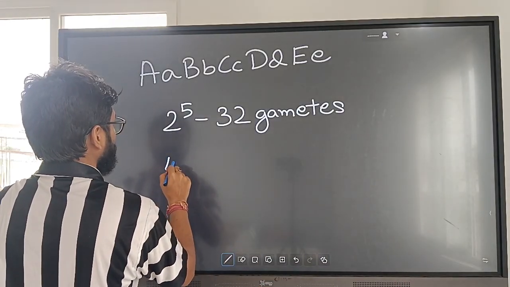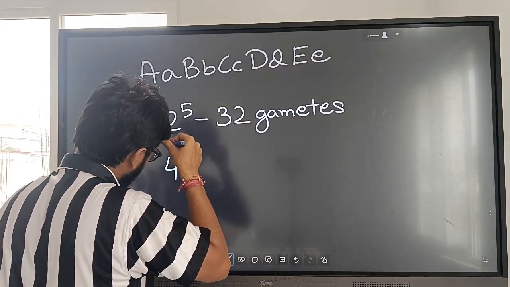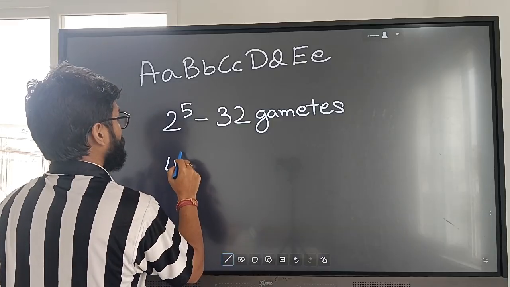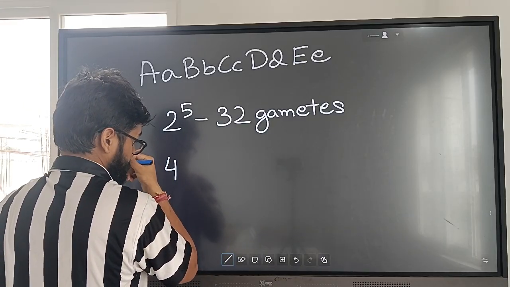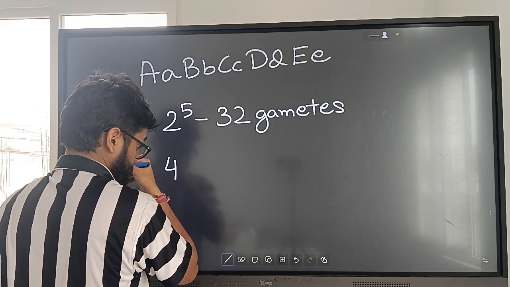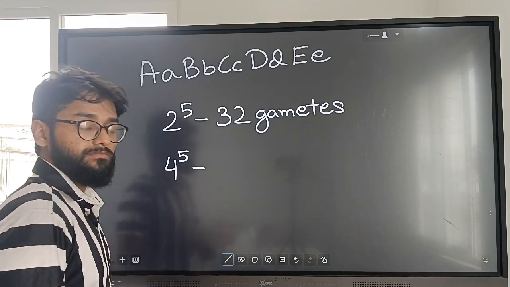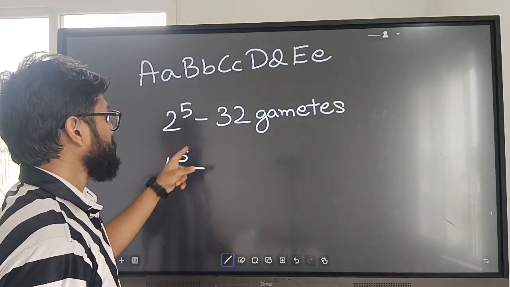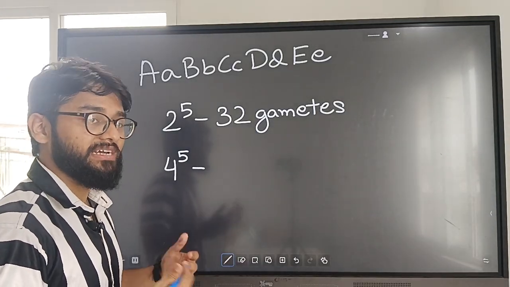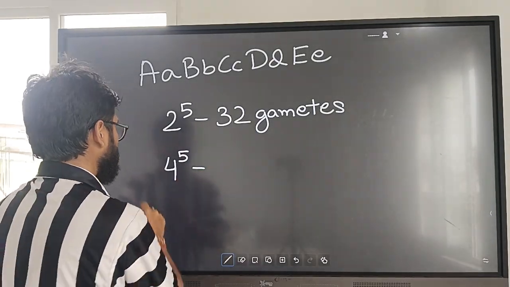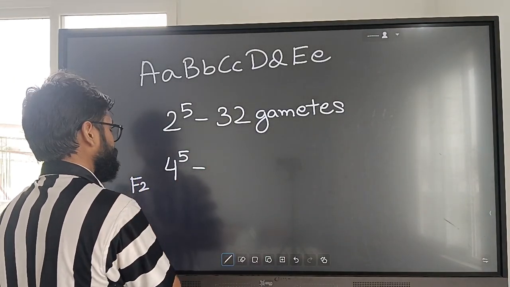It will simply be 4 to the power 5. These many maximum combinations you can receive in F2.